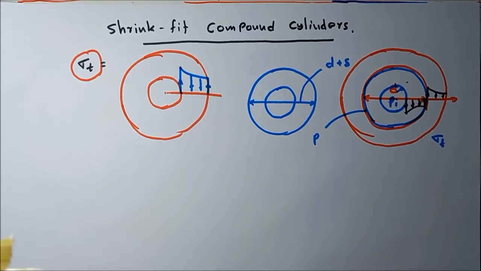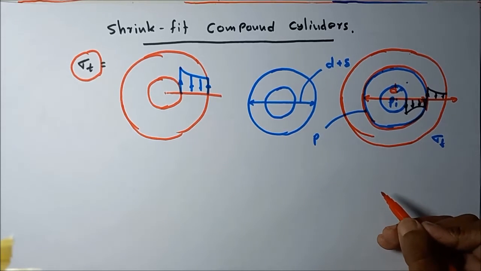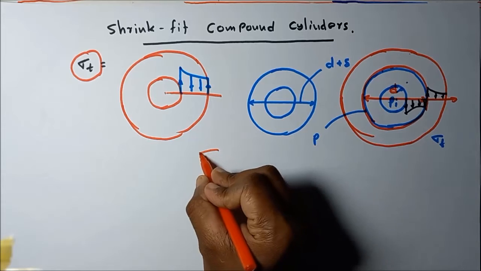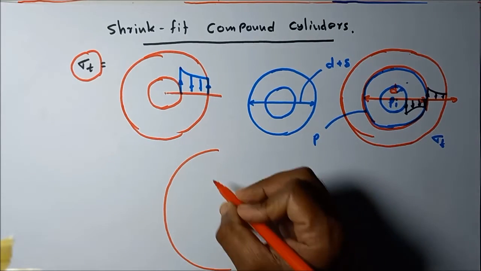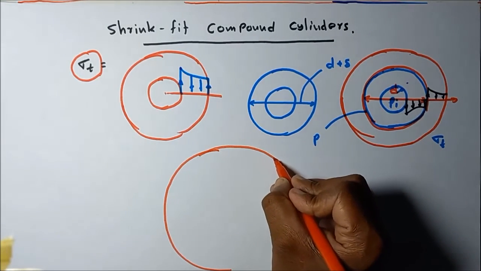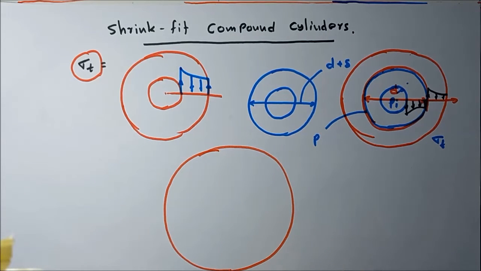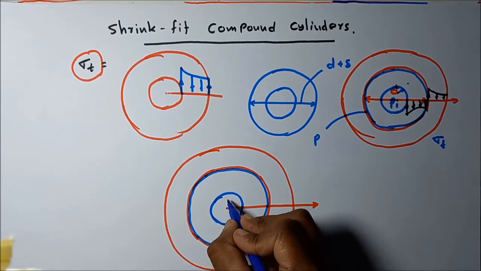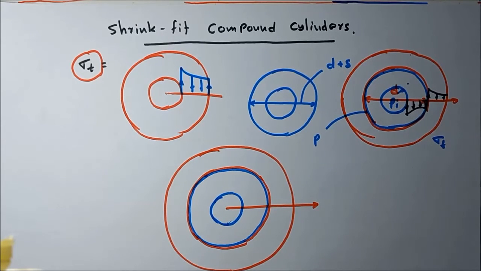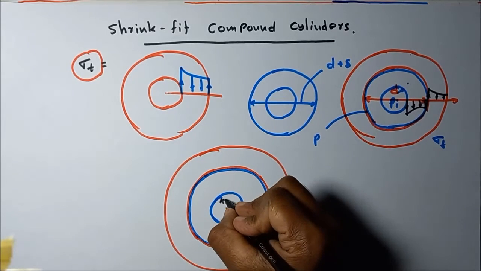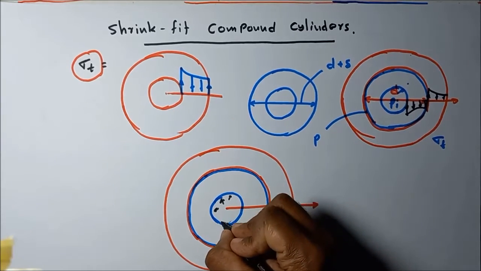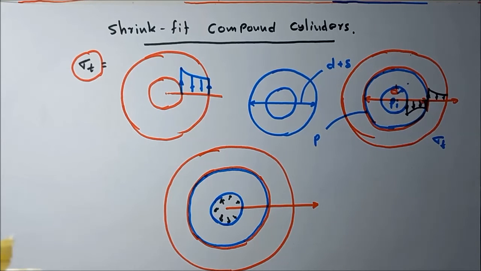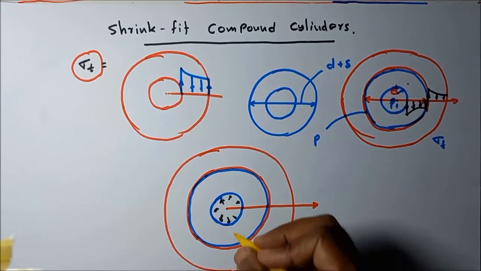So it can take more pressure with less use of material. When this kind of cylinder is subjected to an internal pressure situation, I will draw how stresses are distributed. When a cylinder is subjected to internal pressure only, at very high pressure, the tangential stress we can represent like this.